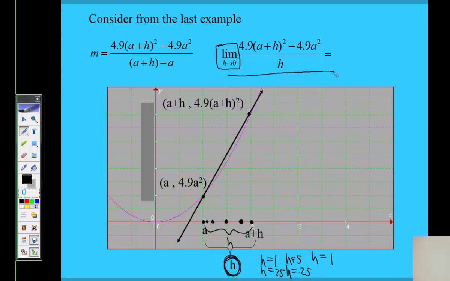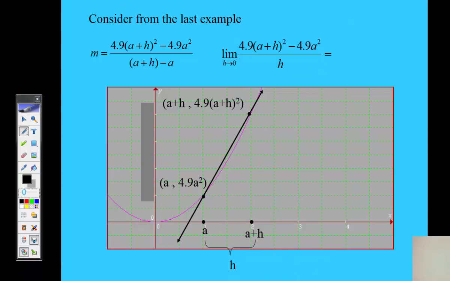We know that this calculation right here will give us the slope of the tangent line at this point here. So if we knew how to do this, that would give us the slope of that tangent line. Well, we just found that in the last slide. I believe it was 49.5. So we know the instantaneous velocity.